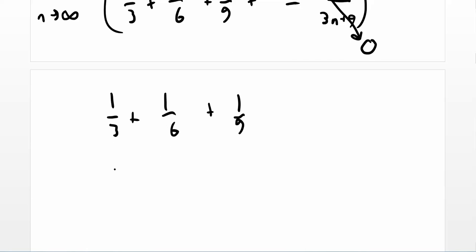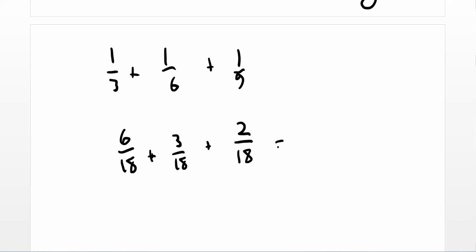This is 6/18 plus 3/18 plus 2/18, and we get 11/18. So with a telescoping series, you actually can find the infinite sum. This is how you do it using partial fractions.